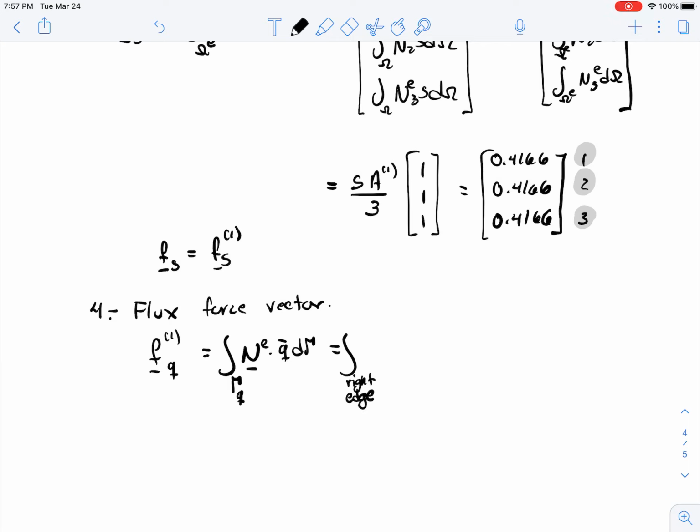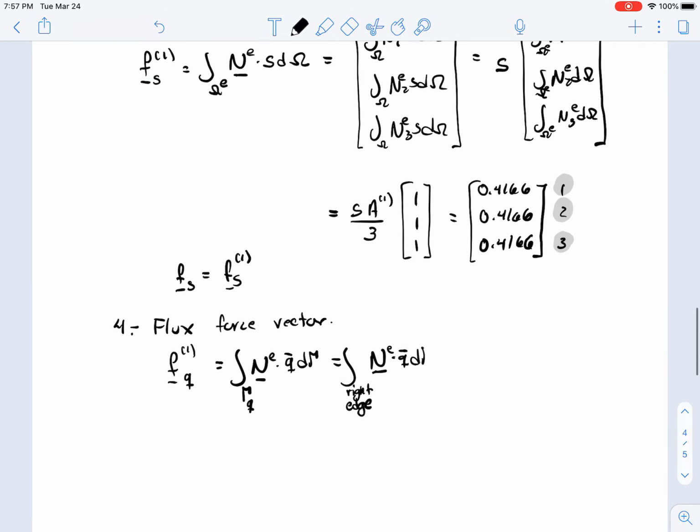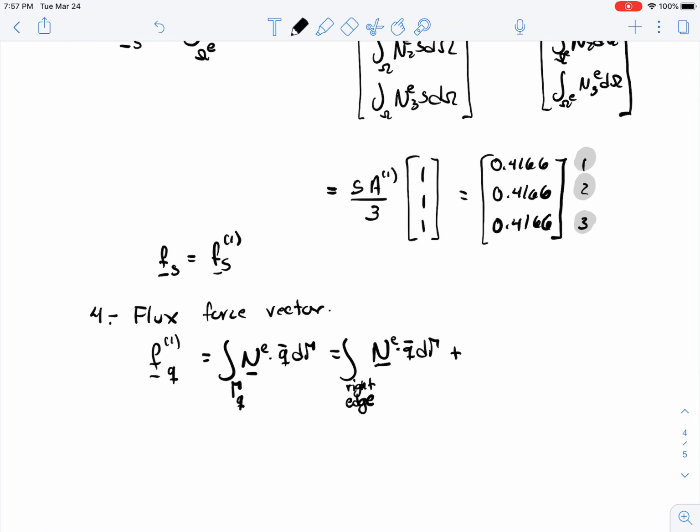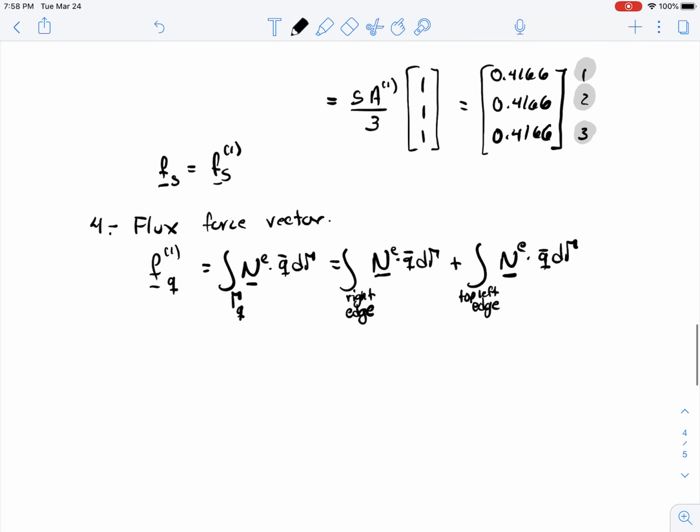I need to do the integral over the right edge of N times q bar over the right edge, plus an integral over the left edge, I guess the top left edge, of this vector NE times the q bar over that edge.